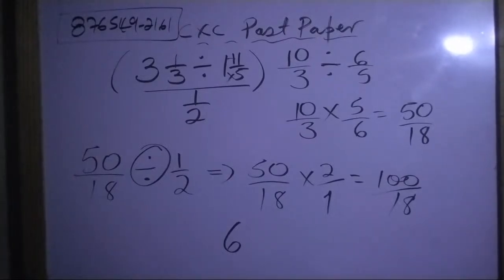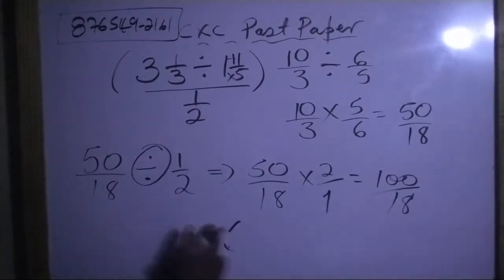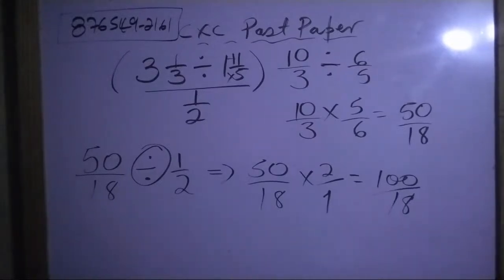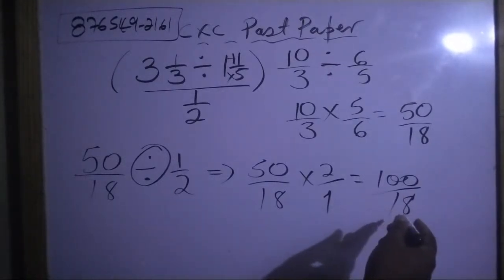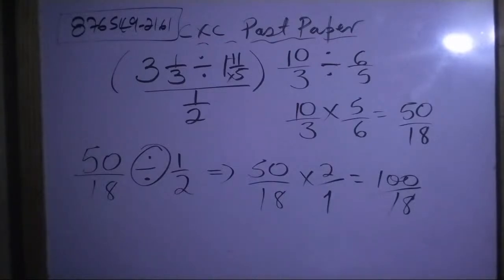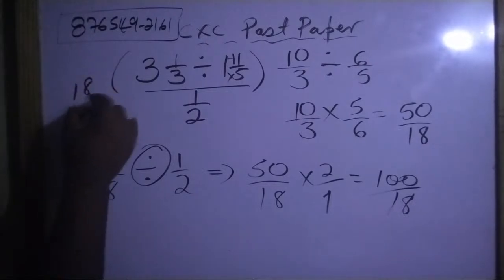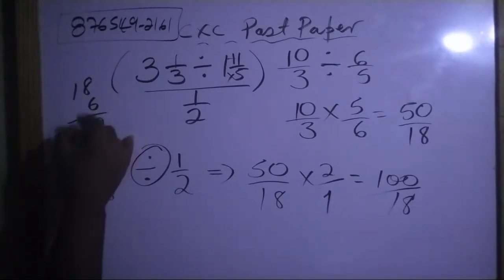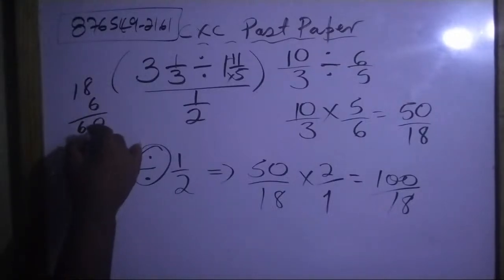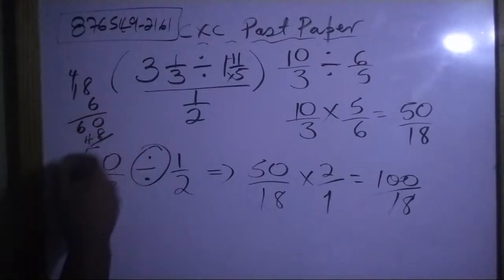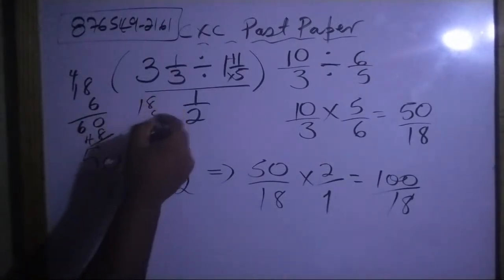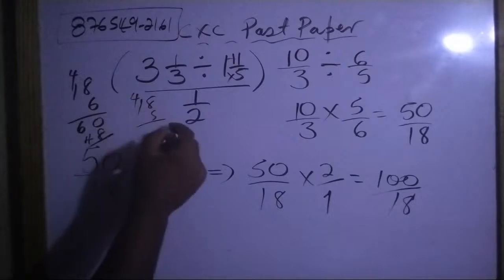Alright. So we have 6 times. Let me check: 5 times 18 is 90. 5 8s 40, 5 ones 5.